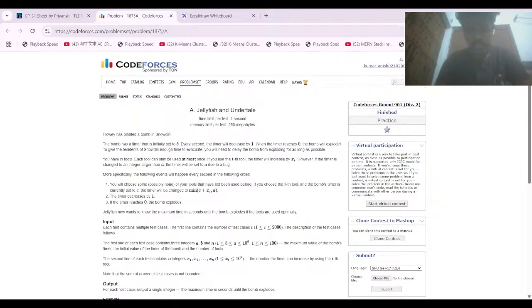So they have mentioned all the points together. What is going to happen? You will choose some of your tools that you have not used before. You choose the i-th tool, and the bomb's timer is currently set to c.